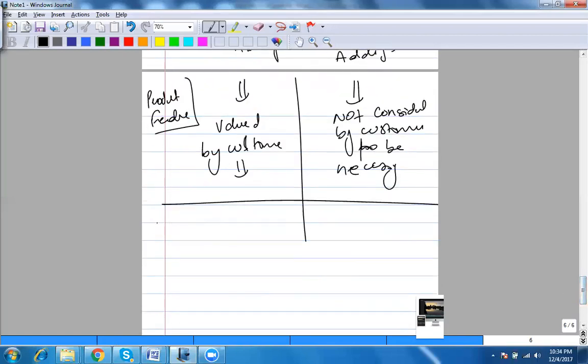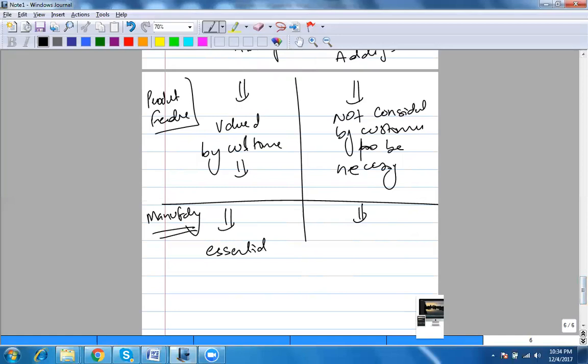Similarly, from the perspective of manufacturing, whenever we manufacture a product, there are a lot of essential activities. If we skip those activities, the product is not going to be of the desired quality.